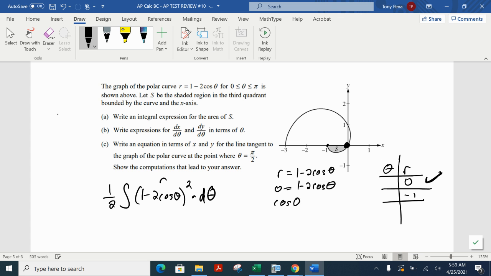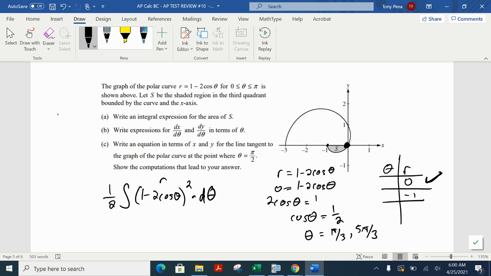It'd be 2 cosine theta equals 1. So we're looking for the cosine of theta to equal 1/2. That happens at 2 different places, at pi over 3 and then 5 pi over 3. Okay, we'll differentiate those here in a second.